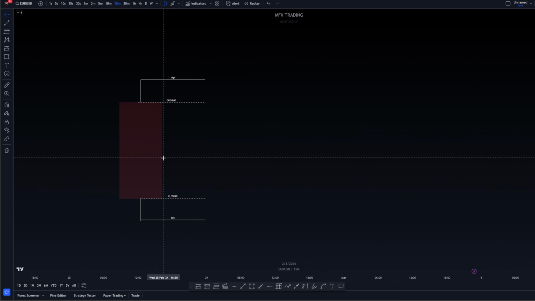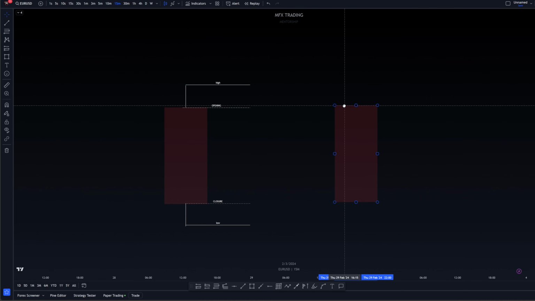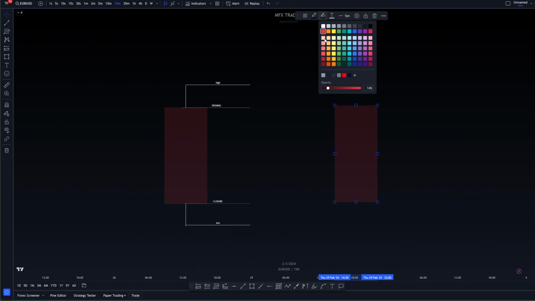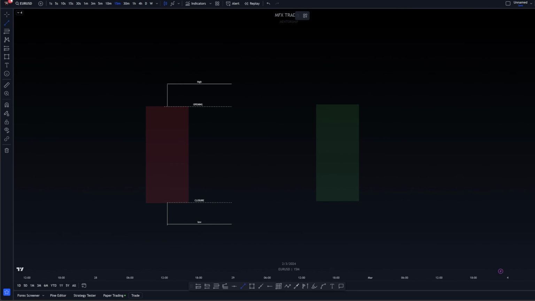And the same with a bullish candlestick, which in this case we make green. Exactly the same thing. This is basically reversed. This will be an opening now, because you open on the lower side of the bullish candle, and you close on the upper side.